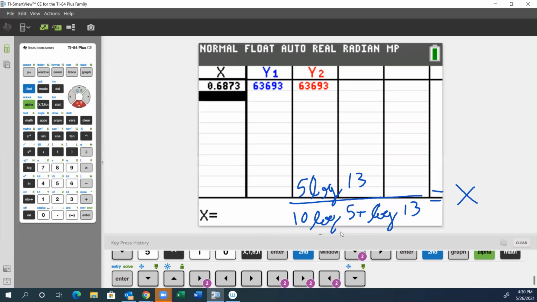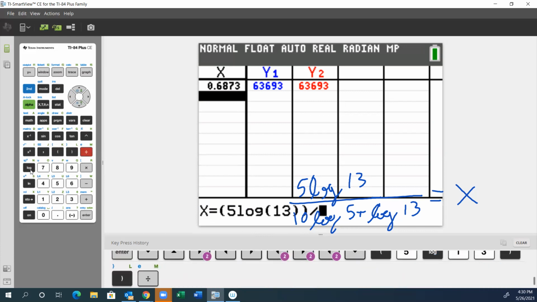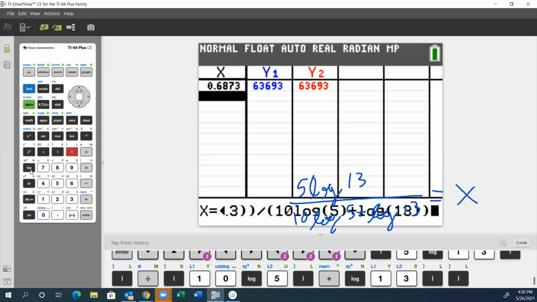If I were to type in the exact answer, so 5 log 13, I've got to put parentheses around the numerator and denominator because of the order of operations. 5, this is hard to read, log 13, and then an extra parenthesis so it's around everything.